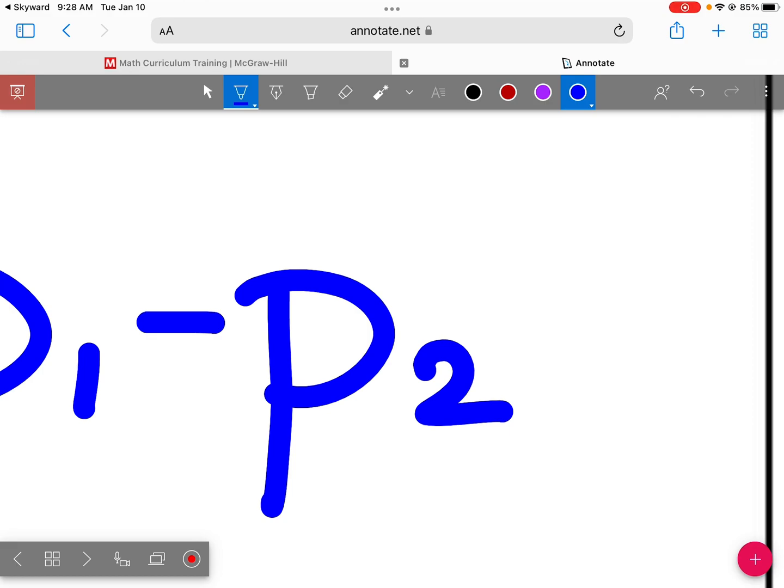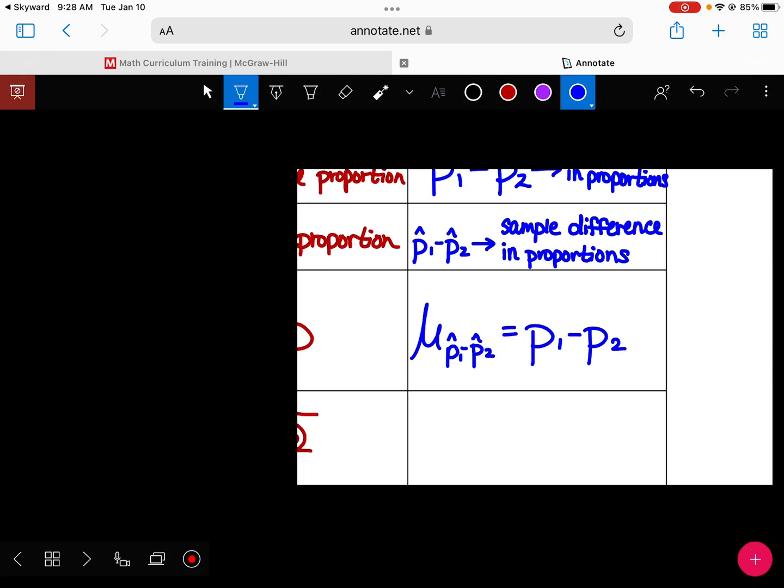Do I subtract with my standard deviations? Do you ever subtract with standard deviations? No. Do you ever add standard deviations? Close. Do I add the standard deviation? Oh, no. What do I add? The variance. We add the variance.